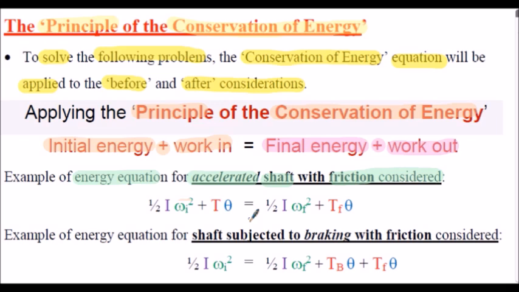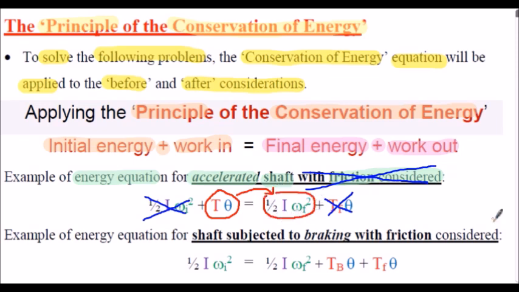If the shaft was starting from rest and had no friction considerations, then on the right hand side the T_F theta term would disappear. In this case, all of the inputted work done would transfer directly into kinetic energy of the rotating shaft. So the same principle of conservation of energy is applied here, but we're playing tunes on the types of energy that are present initially and finally in the system.